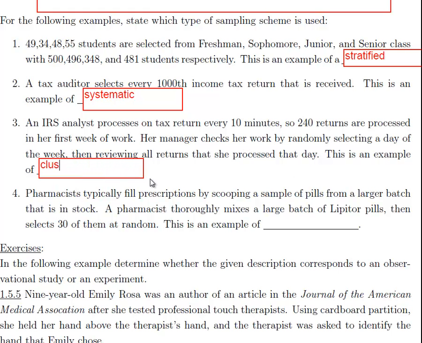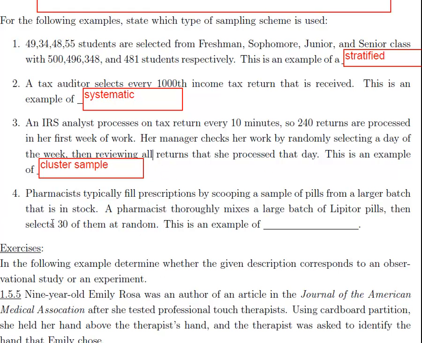And the reason that it's a cluster sample is because the survey is clustered into days of the week, and they're only selecting one day of the week, but within that day they're reviewing all the returns. And so that's the key word there, all returns that day.